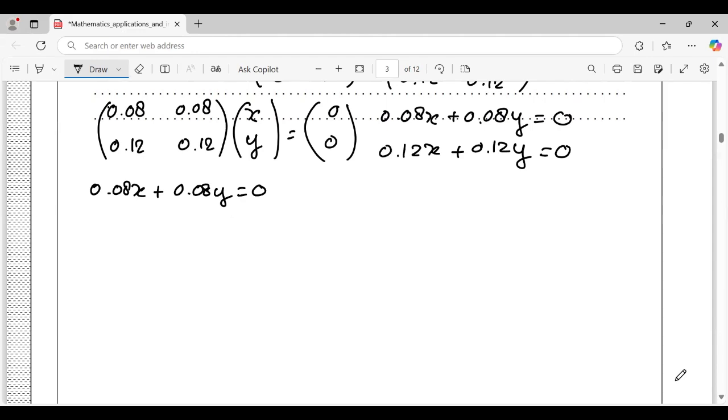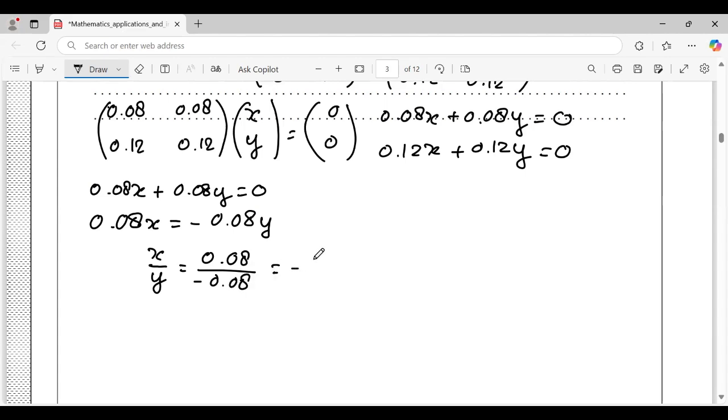So it is 0.08x equal minus 0.08y. x over y is minus 0.08 over 0.08, which is minus 1.